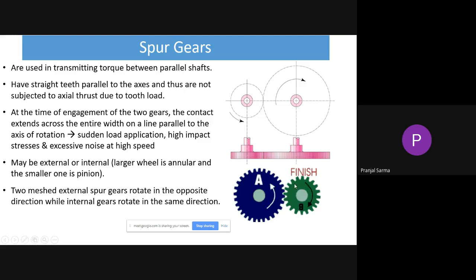From layman's knowledge, we know that at a particular location only we have this contact, generally between the teeth of both the meshing, or mating, gears. And as we have already discussed in one of the classes, if you look at this position where the teeth are in contact, and draw a circle for the bigger and for the smaller one, then they will look somewhat like this.